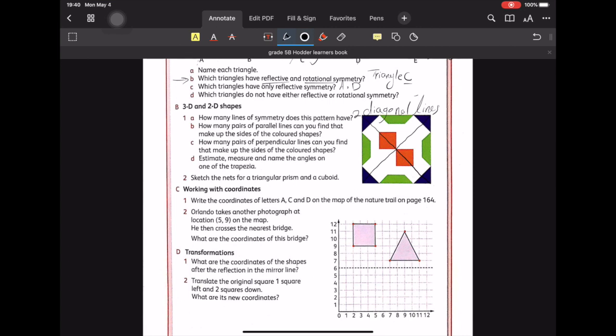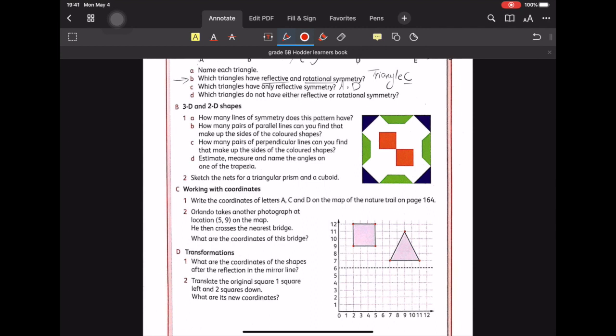Part B. How many pairs of parallel lines can you find that make up the sides of the colored shapes? We're talking about parallel lines, all right? Let me choose another color for this one. Okay, I'll erase these diagonal lines and the answer for this one also. Let's get it started.